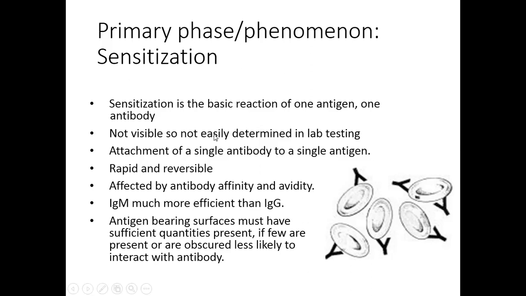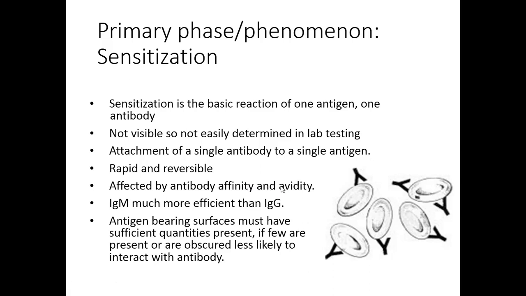We can tell this isn't visible, we talked about how it's not visible. The attachment is, because it's just that initial sensitization, it's the initial reaction. Remember, it's that initial bonding that's reversible. So the strength of this bond is going to be impacted by affinity and avidity, the initial attraction, and then the strength of the valency.